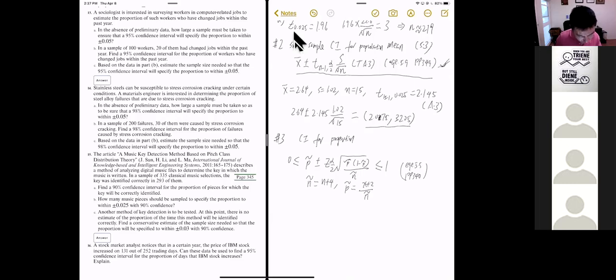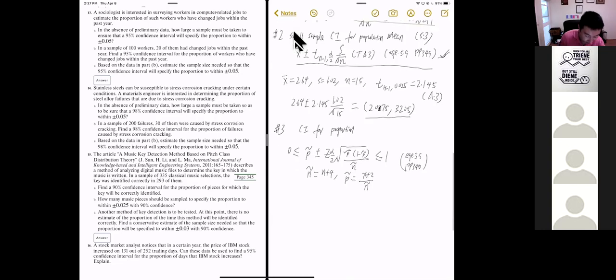So let's read the question together, number 15. Article: a music key detection method based on pitch class distribution theory. It describes a method of analyzing digital music files to determine the key in which the music is written.